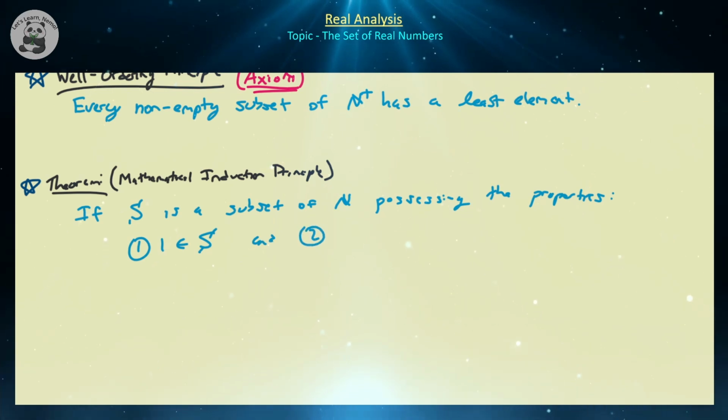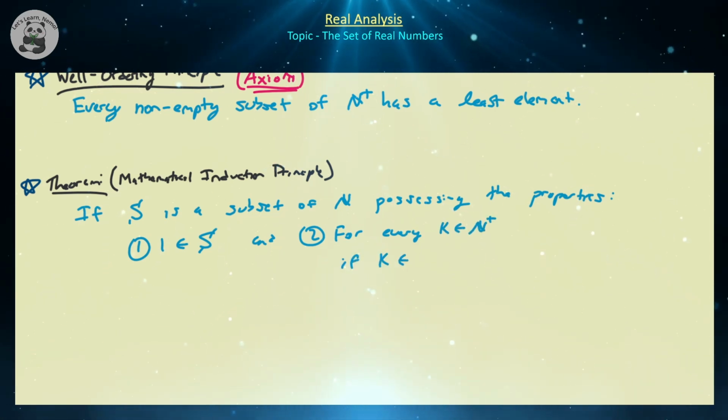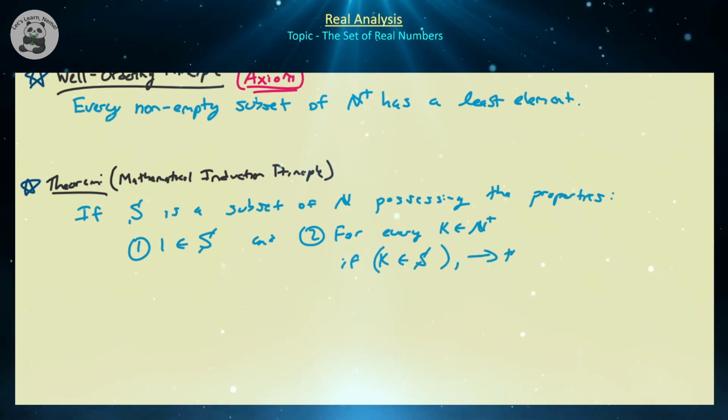And second, for every k in the set of positive naturals, if k is an element of S, then this is going to imply k plus 1 is an element of S. So obviously if 1 is an element of S, then that means that 2 is an element of S. If 2 is an element of S, then that's going to imply that 3 is an element of S, and that's going to continue onwards.